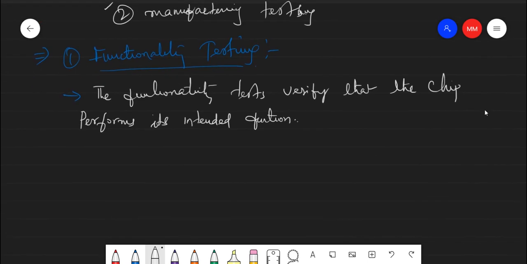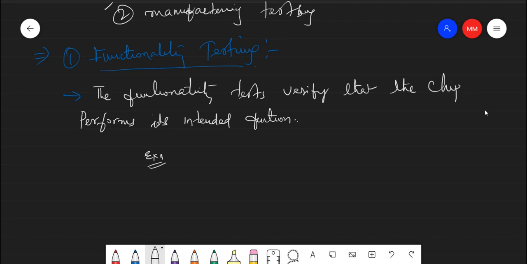For example, whatever functionality you take, any function using logic gates, a mux, or most of the functions in a microprocessor. We are giving our logic and testing the input output functionality, whether it performs the intended function or not.